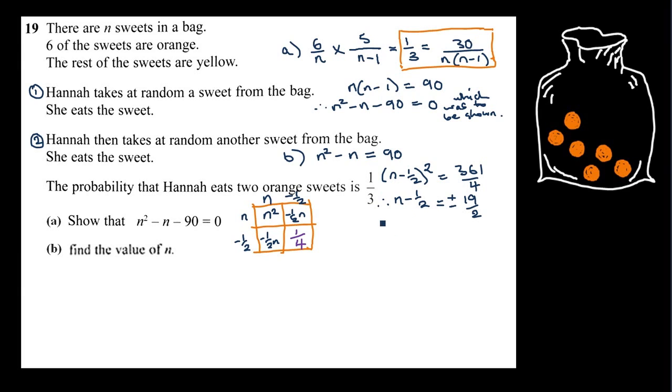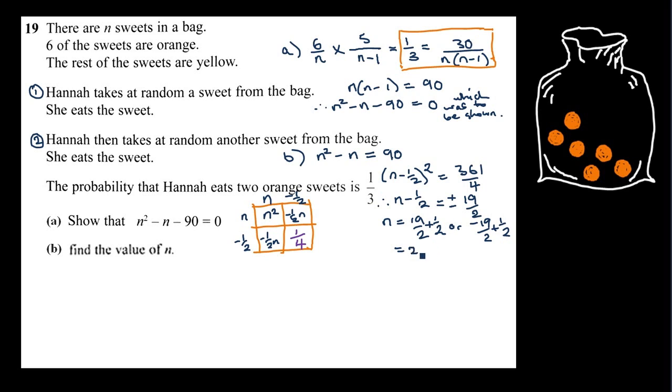So my next step is going to be to add half to both sides. So I'll end up with n equals, because I've just eliminated that minus half, 19 halves plus a half, or minus 19 halves plus a half, which will give me minus 18/2, and that doesn't make a lot of sense.